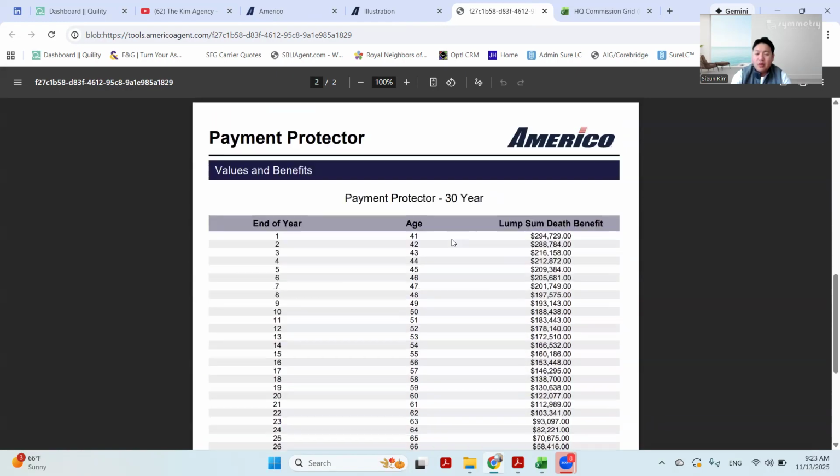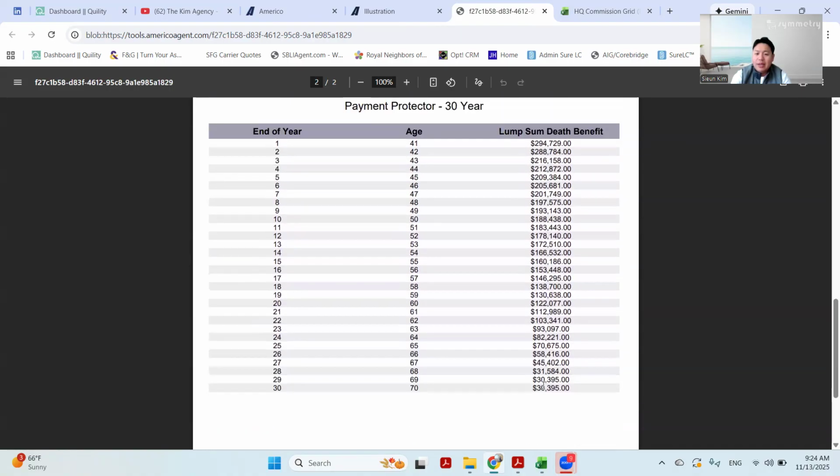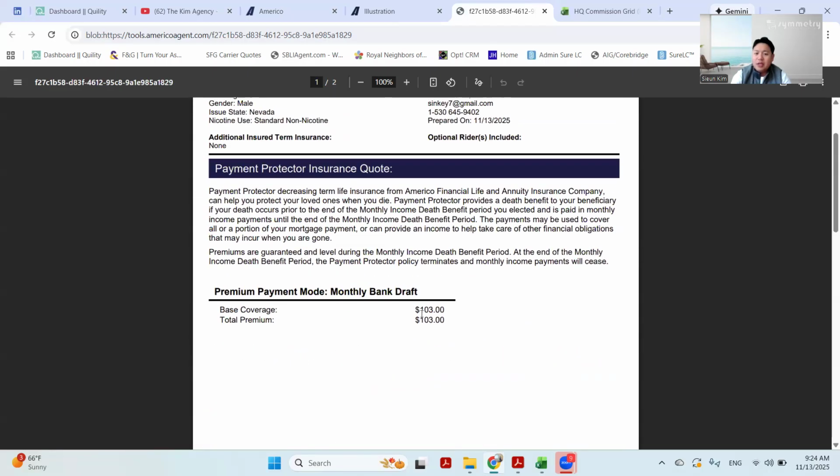So the death benefit goes down as the mortgage amount goes down. But at the end, it doesn't go down all the way to zero. So at the 30-year mark, the client will still get 30,395 if the client passes away, but the premium does not go down, by the way. It's still 103.